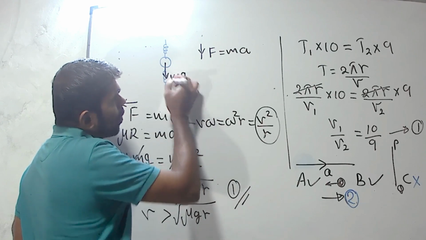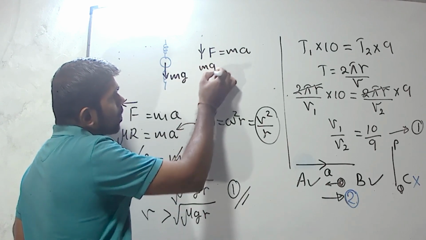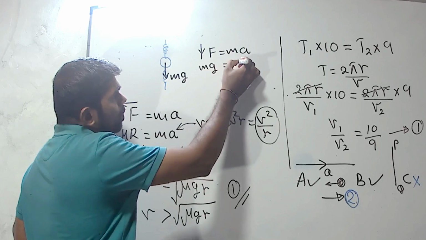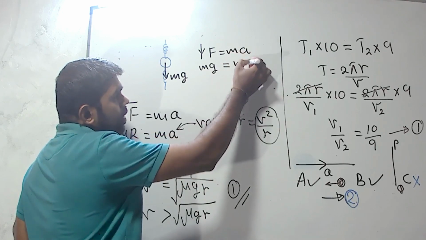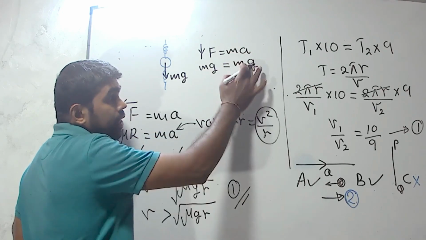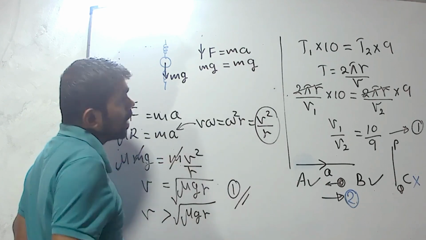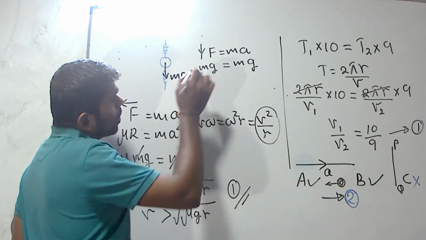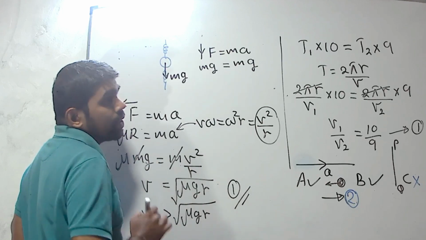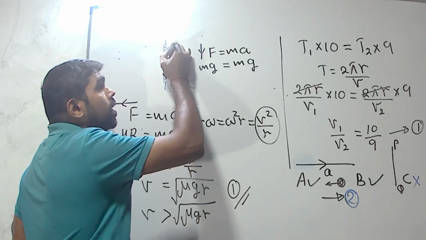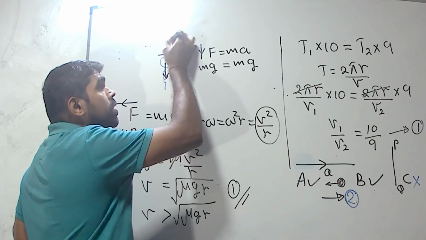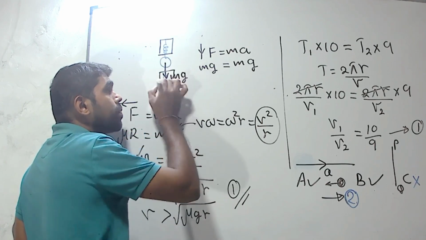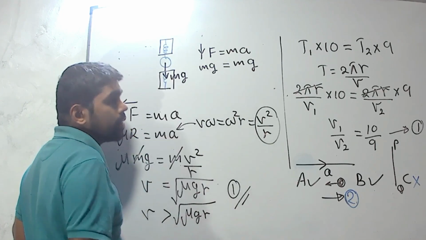There is only one force, mg, which should equal m times the acceleration g. This is the relationship. Therefore, there is no extra force. It means there is no force due to this spring on this object.